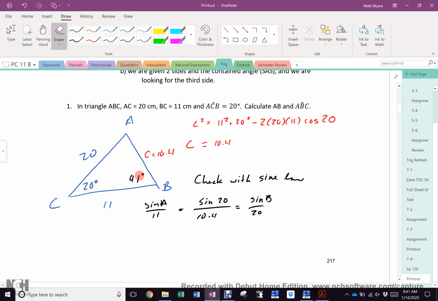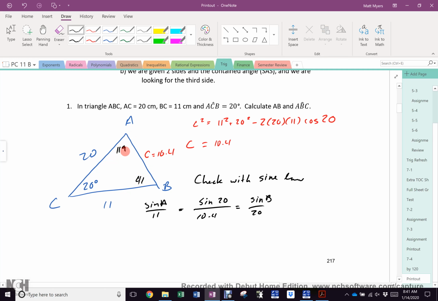Yep. So when I check with sine law, I get 41 there, which gets me what here? 119. Is that possible?